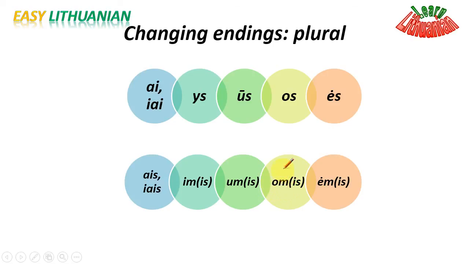The ending is m if you speak informal, spoken Lithuanian. And es, gėlės, flowers, su gėlėmis, with flowers, or in spoken Lithuanian, su gėlėm.